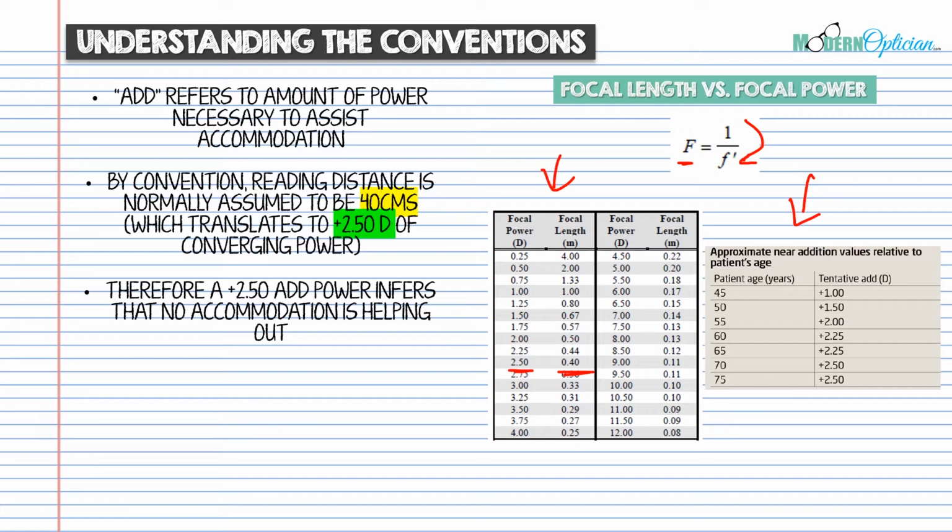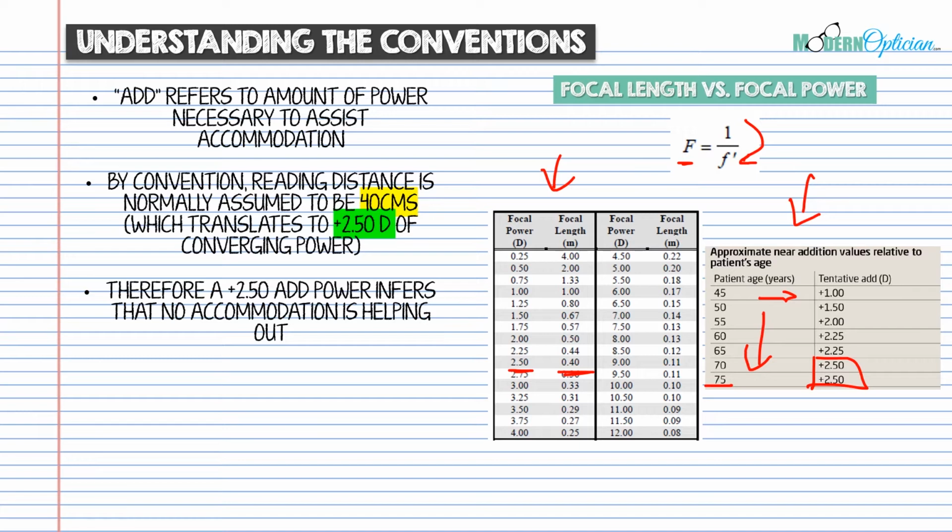Every single patient will progress through presbyopia at a different rate. However, for the most part, this rings pretty true for most patients, that around the age of 45, they will end up with about a +1 addition, and then from 50 to 55, +1.50 to 2, and it moves on going as you get older to the point where you're 75. Accommodation should be more or less disabled, actually around 70 as well, and you end up with a 2.50 addition.